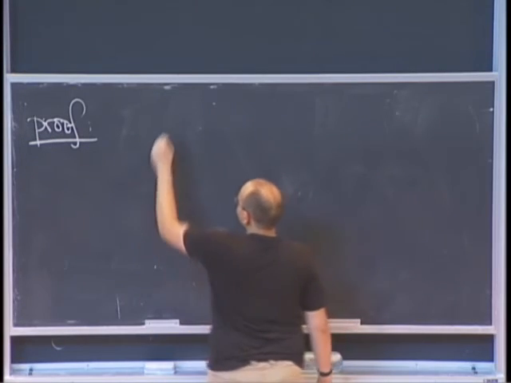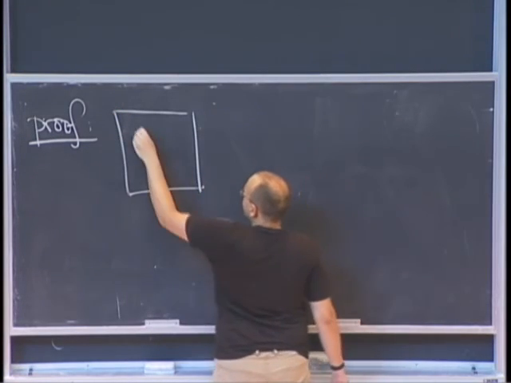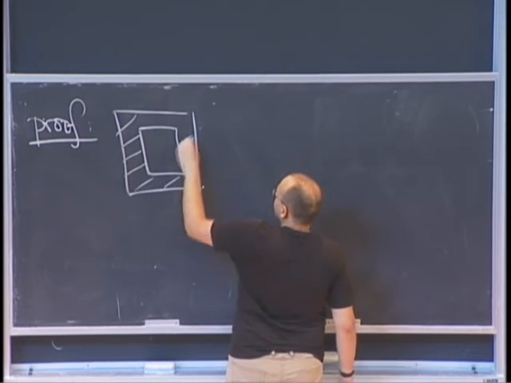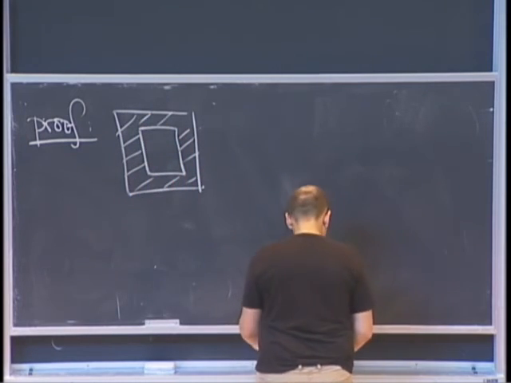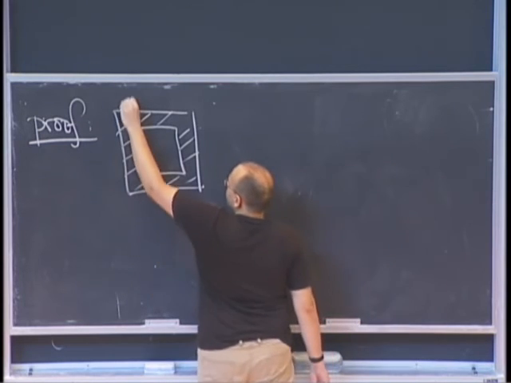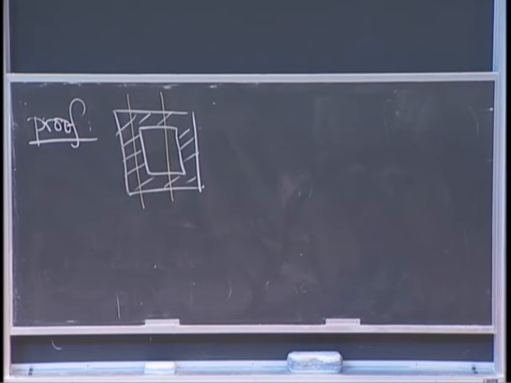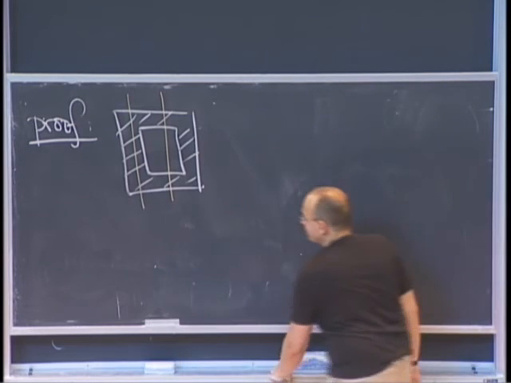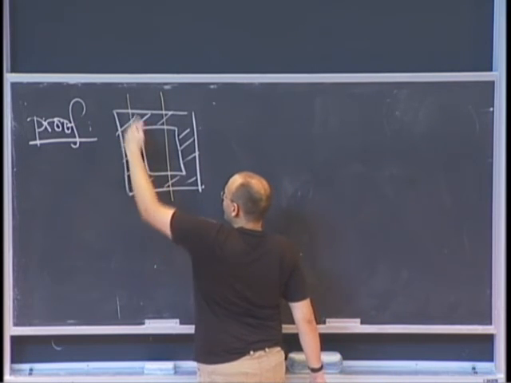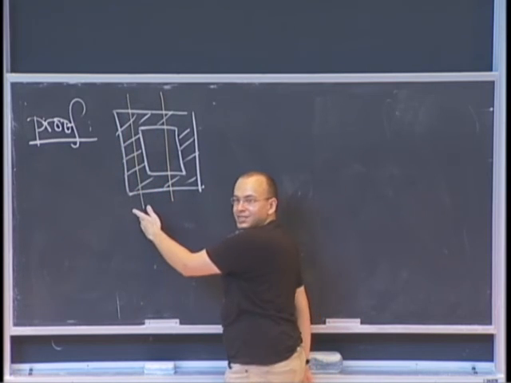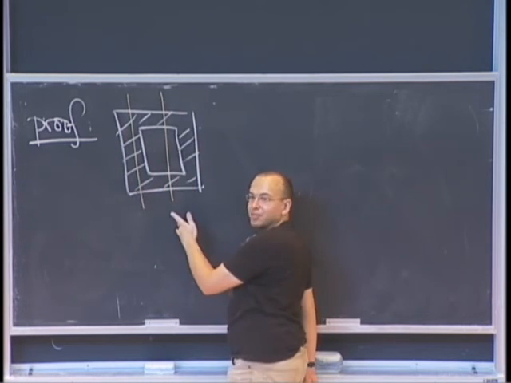So you slice. Slice by these vertical lines. The intersections of these vertical lines with my domain are going to be a disk in C, and this here is going to be an annulus.